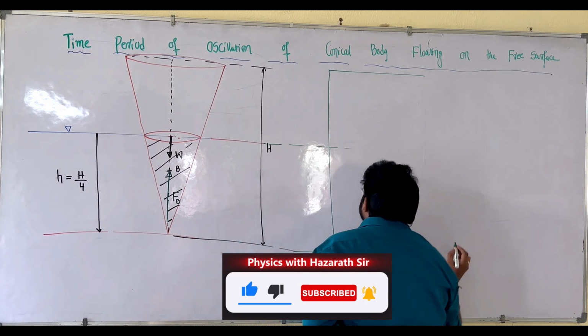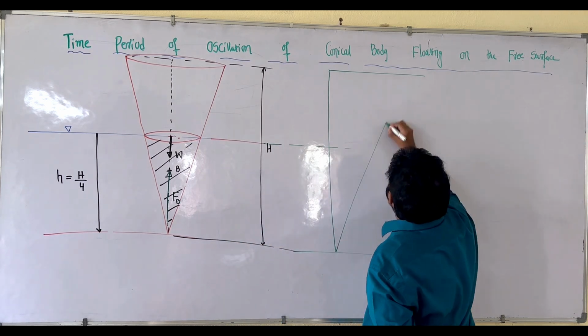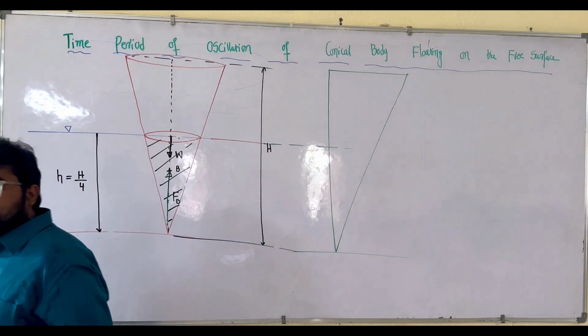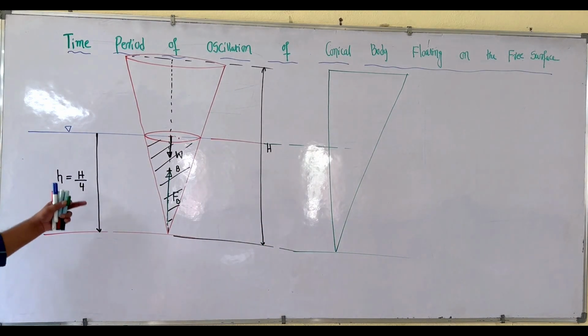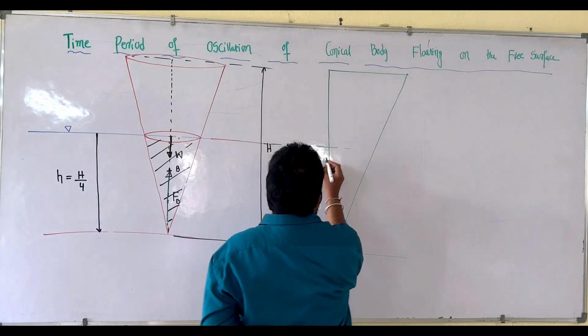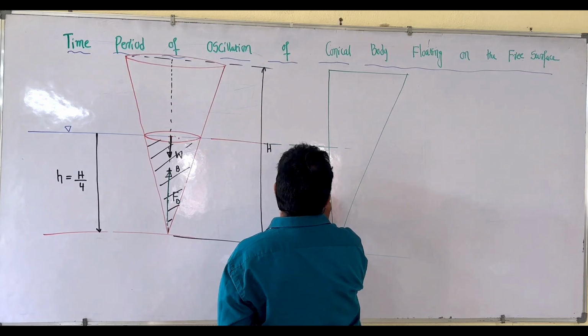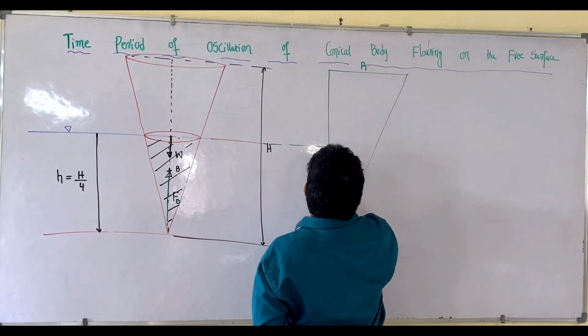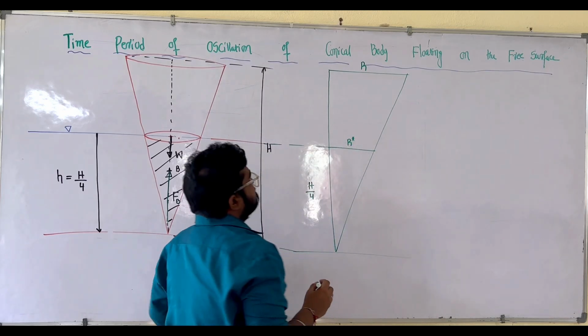Similar triangle concept: H by 4 depth is immersed in the fluid. Clear? So if it is H by 4, the total will be, this is the radius R, and this could be R star.